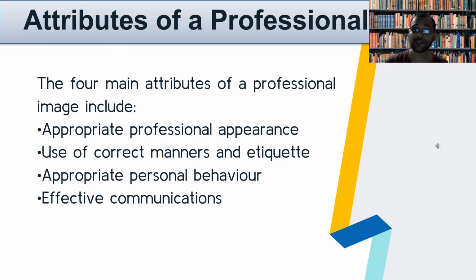Then the second is use of correct manners and the etiquettes. The ways of different sorts of manners are there, like greeting the people, wishing the people in the morning or in the evening or in the night, whatever it is, respecting the other person, then trying to be more polite and try to look at the face of the people and talk to them.